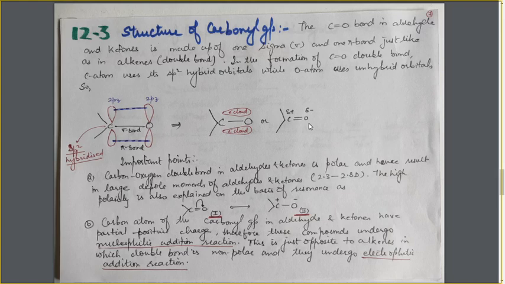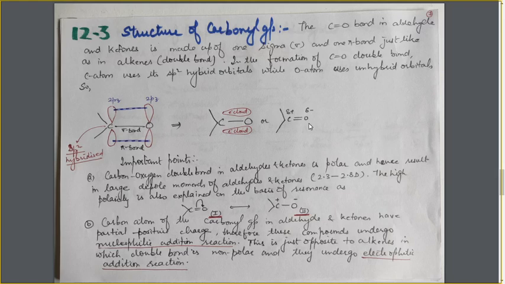The alkenes also have a C=C double bond, so they will also show addition reaction. But these two compounds show different types of addition reaction. The aldehydes and ketones show nucleophilic addition reaction, whereas the alkenes show electrophilic addition reaction.